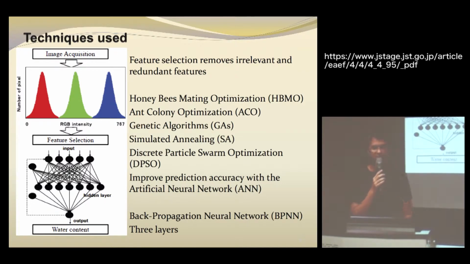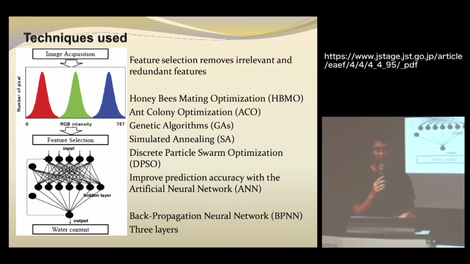So what is exactly the feature selection? It's a bio-inspired algorithm. They decided to try 5 bio-inspired methods. The first one is honeybees mating optimization.